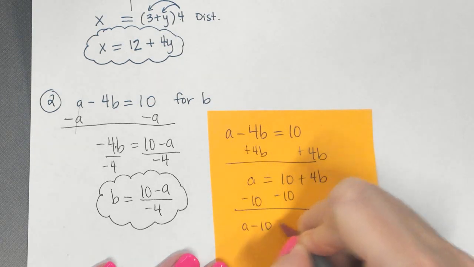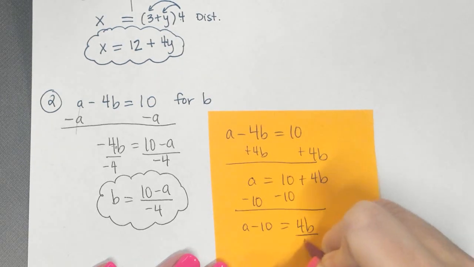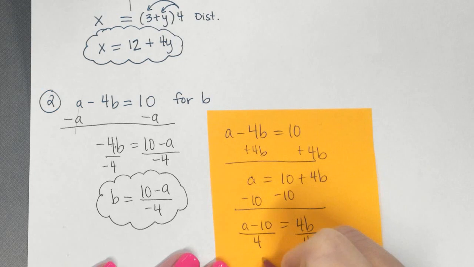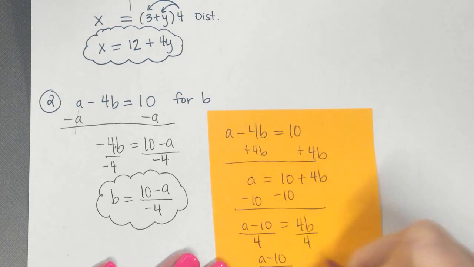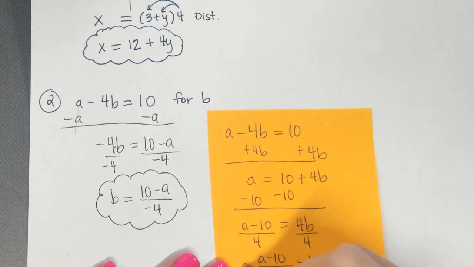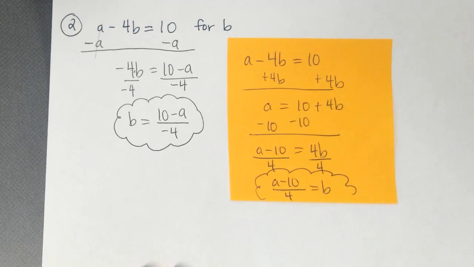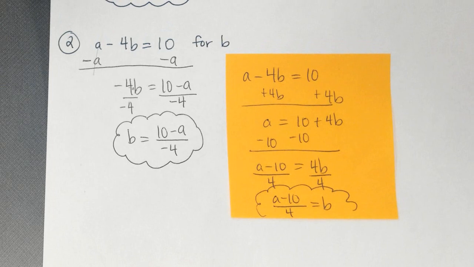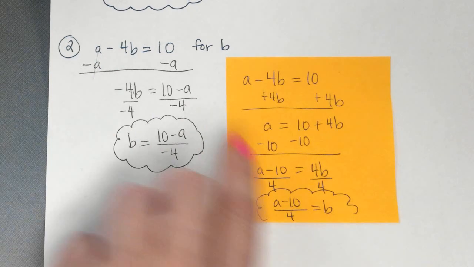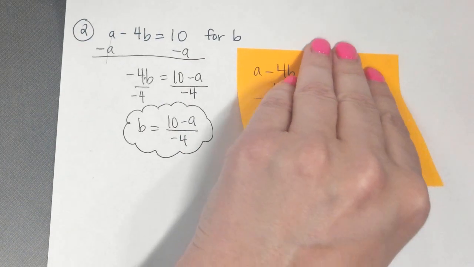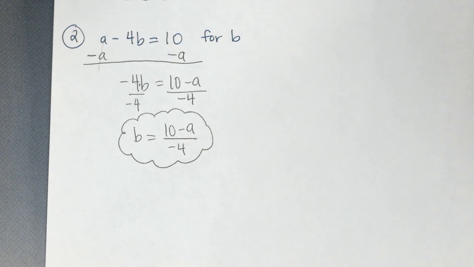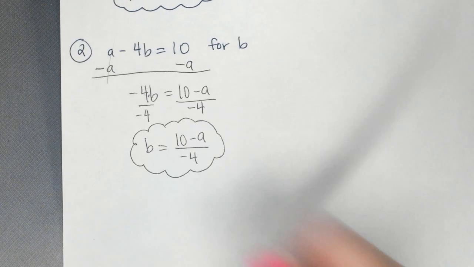So you'd have a minus 10 equals 4b divided by 4. So a minus 10 over 4 would be an acceptable answer too. I did say to add, so that is one thing you can do.